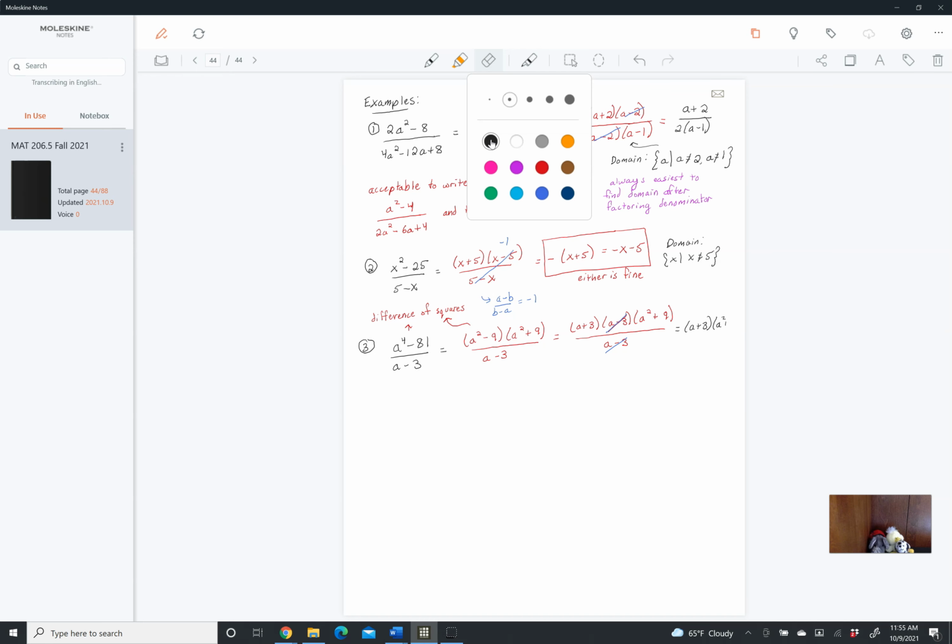You do not need to multiply this. Okay, the whole point is just to reduce. And if you've reduced, you're done. Okay. So our domain here is just that a can't be 3.